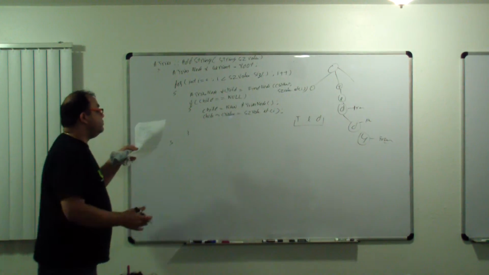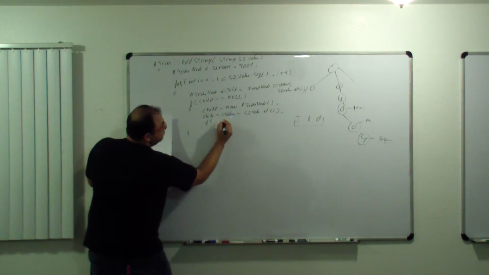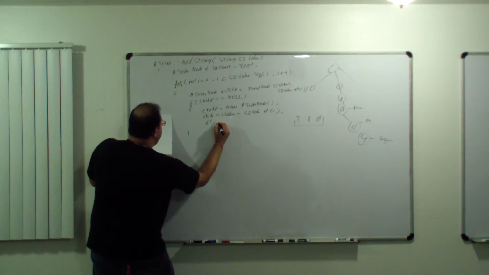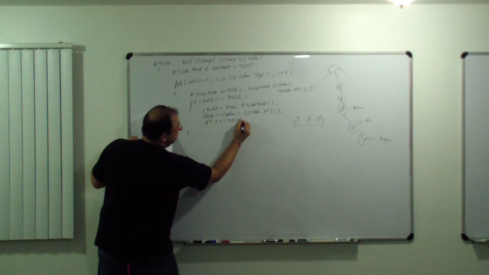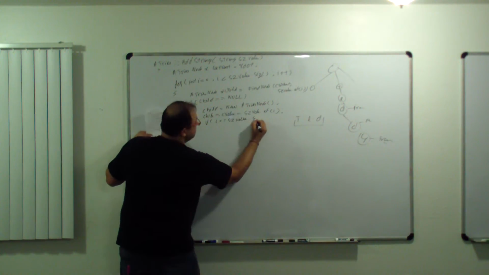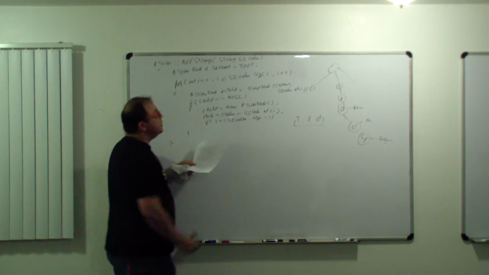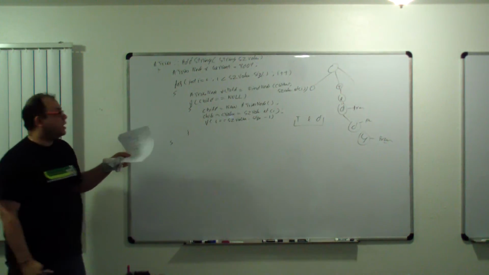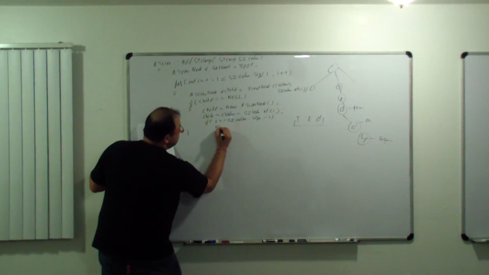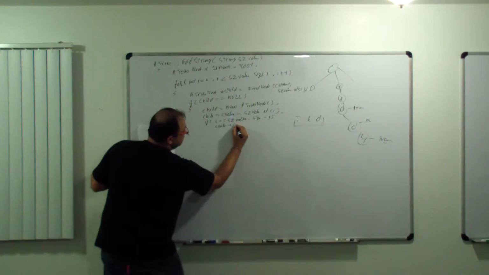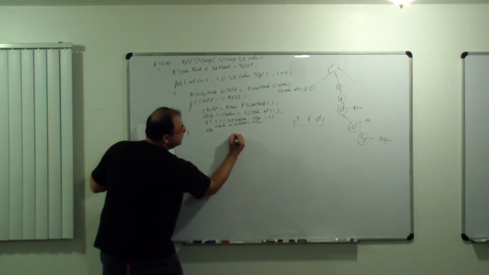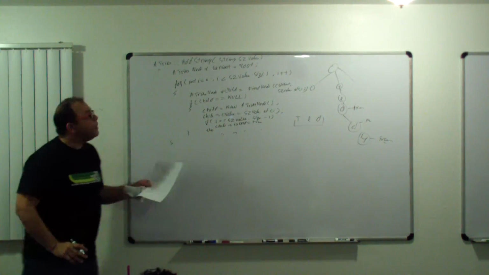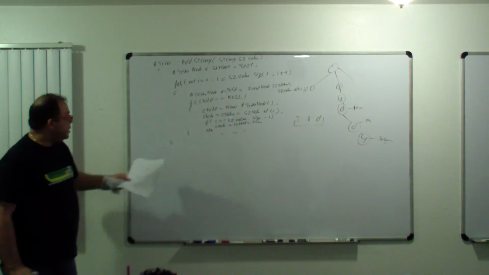Then we check if i is equal to SG value dot size minus 1, meaning this is the last character. Then we make child arrow is end equal to true, else child arrow is end equal to false. Okay? That is if the child is null.